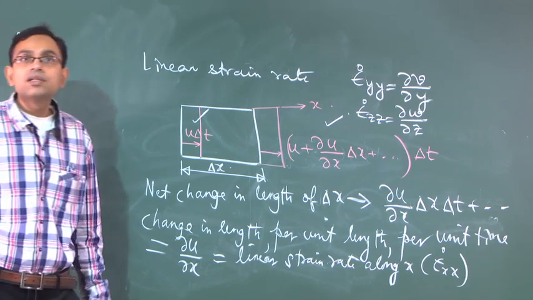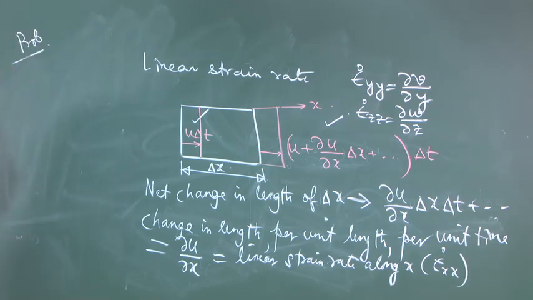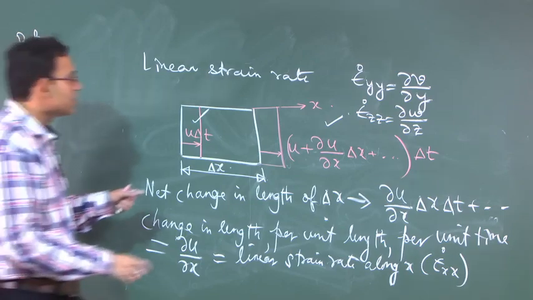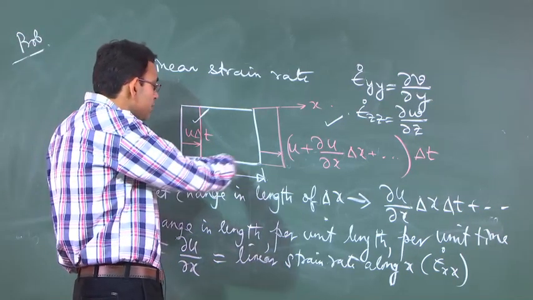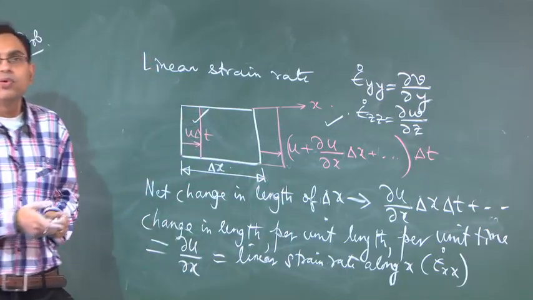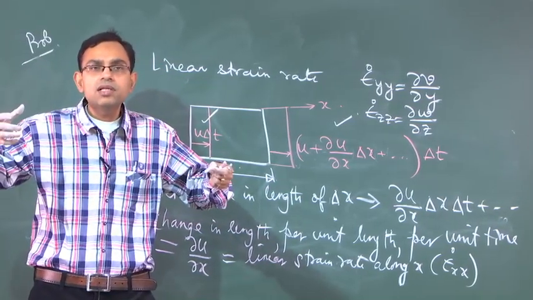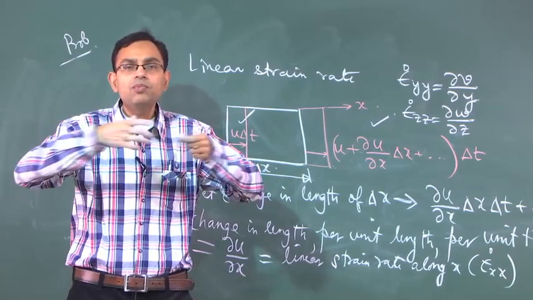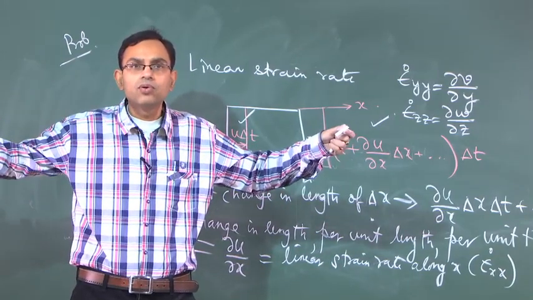So now that we have a fair idea of the linear strain rates, next let us calculate the volumetric strain rates. Why is this rate of change so important for fluid? Because fluid is continuously deforming, you allow it more and more time, it will deform more and more.